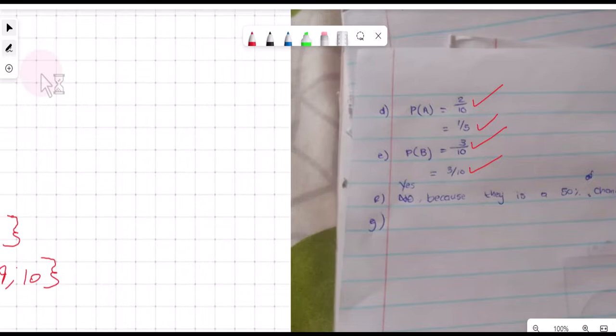Yes, simple as that. Because they cannot happen at the same time, since you are throwing one card at a time. So you cannot get a number that is less than 3 and a number that is greater than 7 at the same time, since you are throwing one card at a time. So yes, they are mutually exclusive.